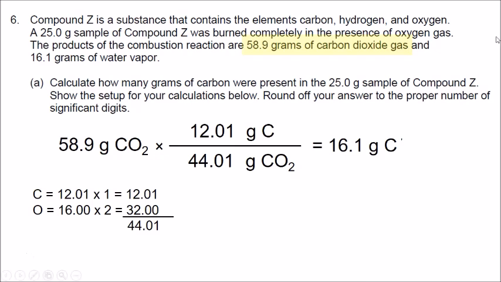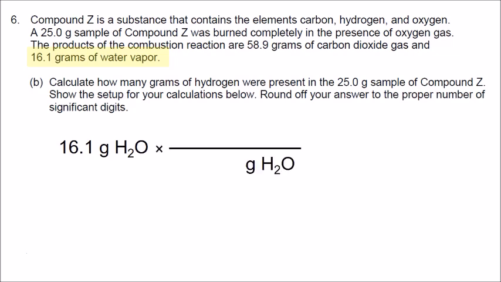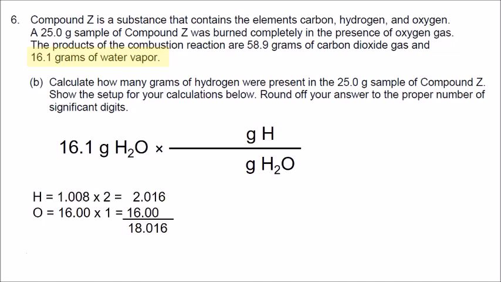Next, we're going to calculate the mass of hydrogen. Let's take a look at the data from the problem. They told us that there are 16.1 grams of water vapor. Let's convert this into grams of hydrogen. We'll put grams of water on the bottom, grams of H on the top. Again, this is not about diatomic elements here, just individual atoms of hydrogen. We get our information from the periodic table.